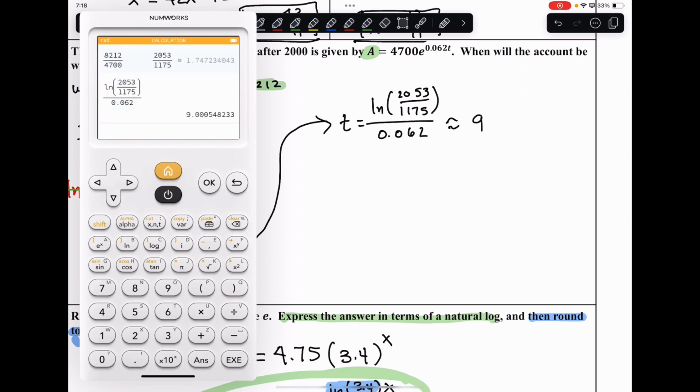And that is approximately 9.0005. So let's say that in around 9 years, this account that initially started with $4,700 is going to have $8,212. So the answer would be 9 years.